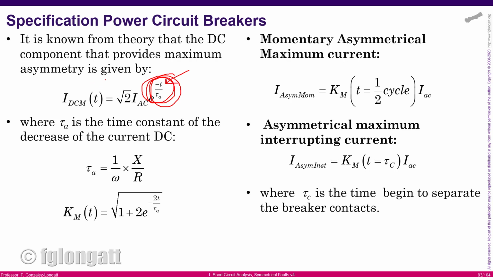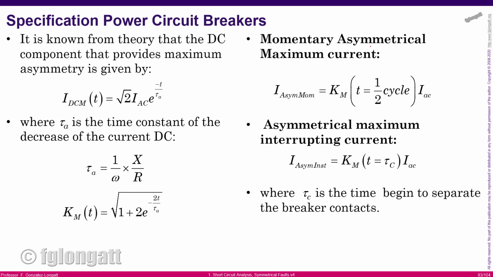Yes, of course, time is affecting the exponential, but also here we have a time constant, and that time constant depends on the ratio between the reactance and the resistance.